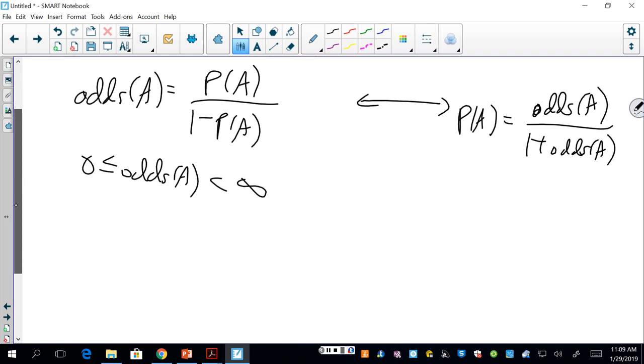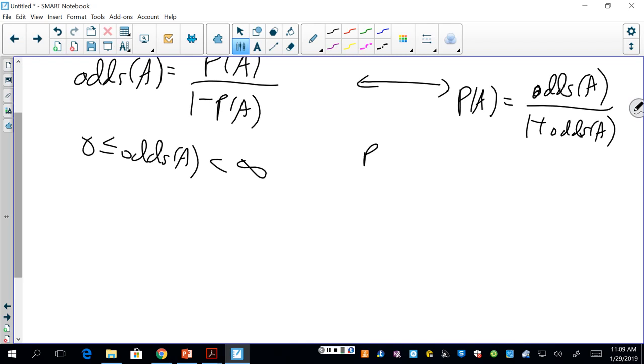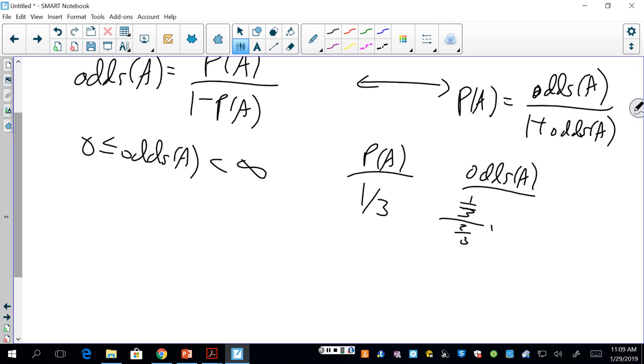Just as some examples, if the probability of an event A is 1/3, the odds of A then are 1/3 over 2/3, or the odds of 1/2, 1 to 2, 1 for it, 2 against it, is how it's often read. Probability of 1/2, then the odds are going to be exactly 1, even, 1 to 1.